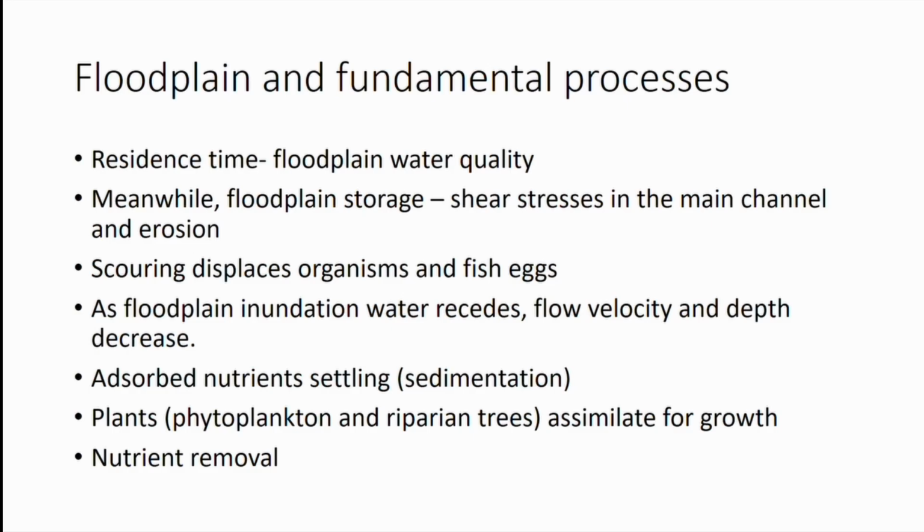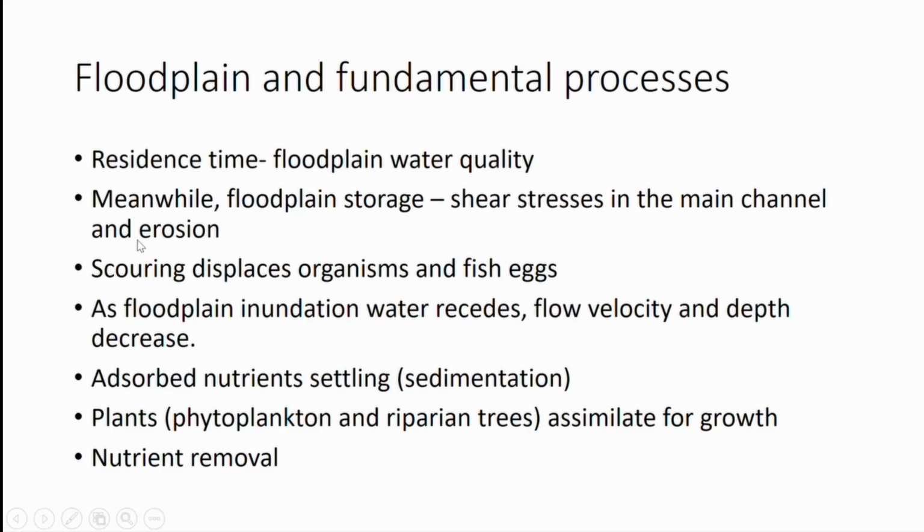So all that excess water tends to be stored within the floodplain. And when such storage occurs, you have shear stresses within your river, the main stem, being reduced. And what that means is that you have erosion being reduced in the river. So that's a benefit that is gained from the floodplain for the river.